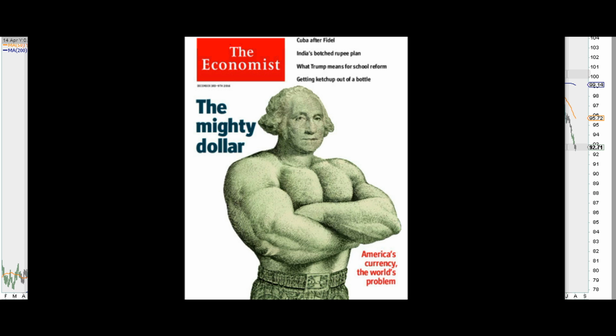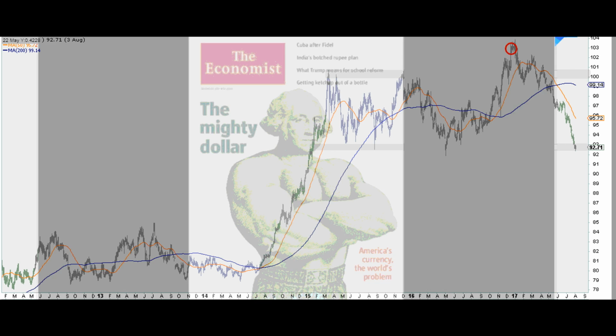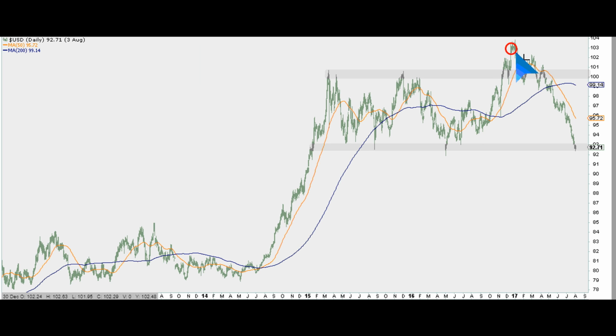Now, you can't use magazine covers and newspaper covers blindly. It's a weight of evidence approach, but it's a classic example, this magazine cover taking place right as the dollar's at its strongest point here, and we've seen nothing but pressure against the dollar since that point.